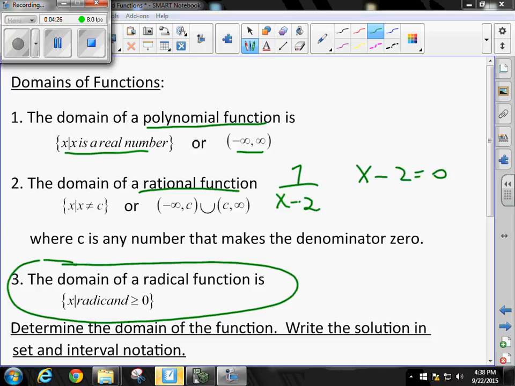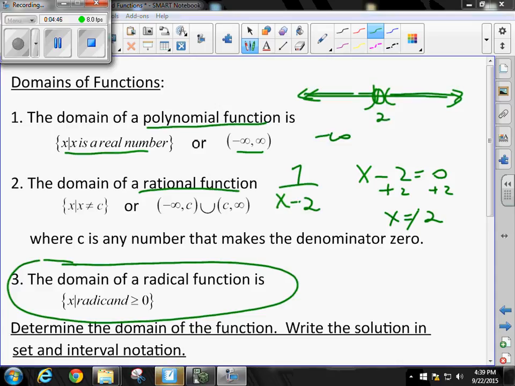We had to add 2 and add 2. So we had to eliminate the point x equal to 2, because x can't be equal to 2, because it will make the denominator 0. So on the number line, when you eliminated x equal to 2, you just made a circle there at 2. And so the graph actually went from negative infinity to 2 and from 2 to infinity.